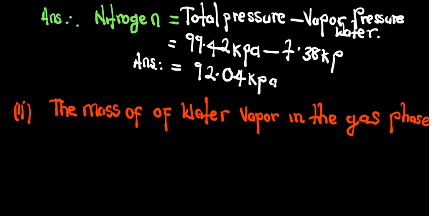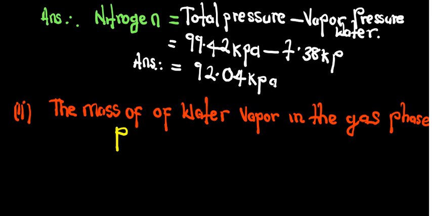To calculate the mass of the water vapor in the gas phase, we first need to find the number of moles of the water vapor. We're going to first of all find the moles of water vapor using the ideal gas law. So now the ideal gas law comes in, and what's the formula for the ideal gas law?